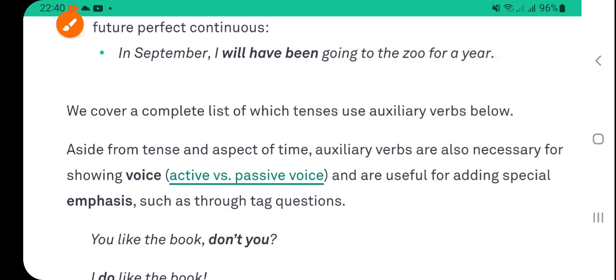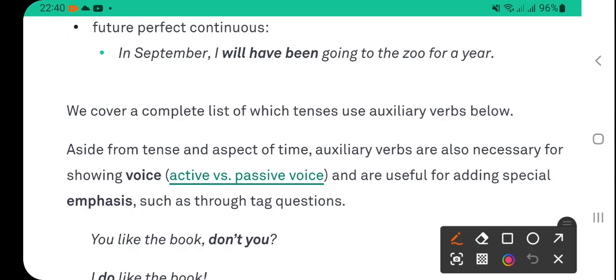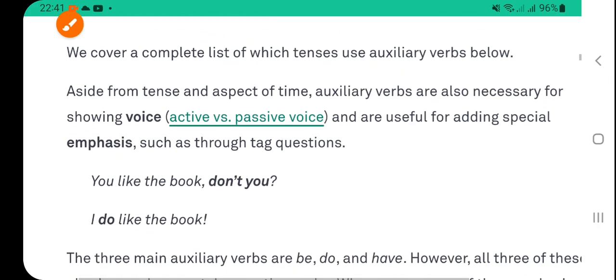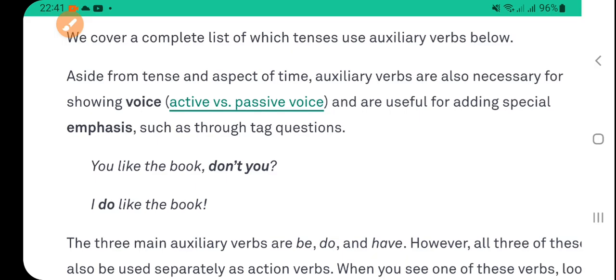So for this, how many helping verbs do we have to take help of? Will and have and been. So there are three helping verbs by which we can tell about future continuous tense, right? So this is how we cover a complete list of tenses.